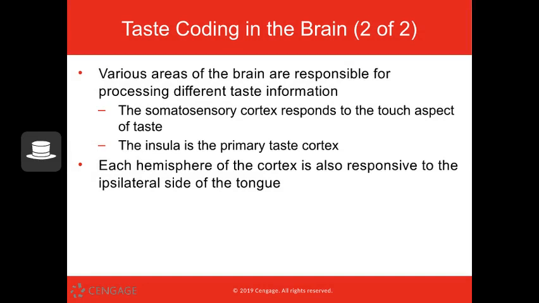The somatosensory cortex is going to respond to the touch aspect of taste, and the insula is the primary taste cortex. Each hemisphere of the cortex is also responsive to the ipsilateral side of the tongue. So you have your tongue here, you have your brain here, left tongue, left brain, right tongue, right brain.